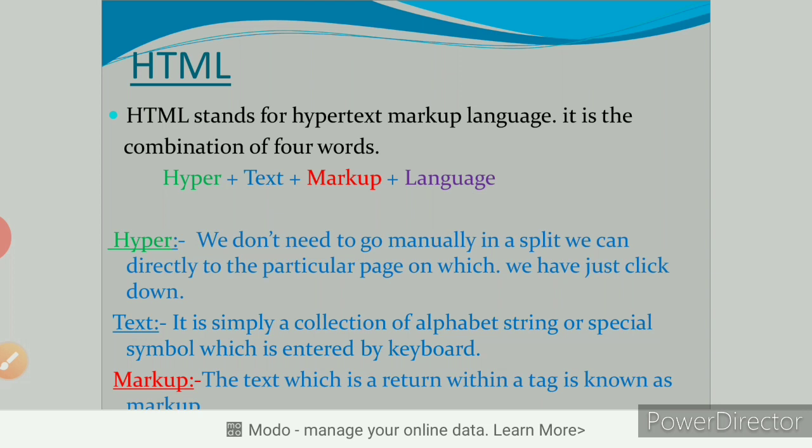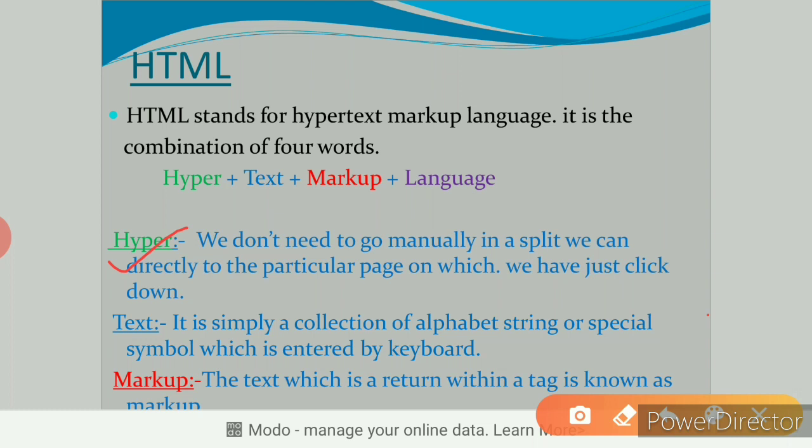Suppose you want to open page number 21 of your printed book, like your computer book or maths book. Can you open this particular page at one time? No. That's the reason it is hyper. Hyper means we don't need to go manually step by step. We can go directly to a particular page on which we have just clicked.